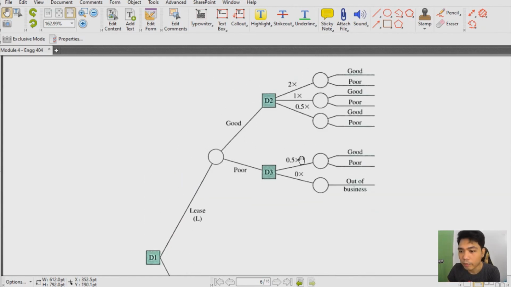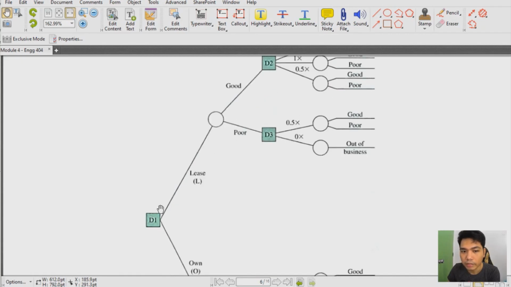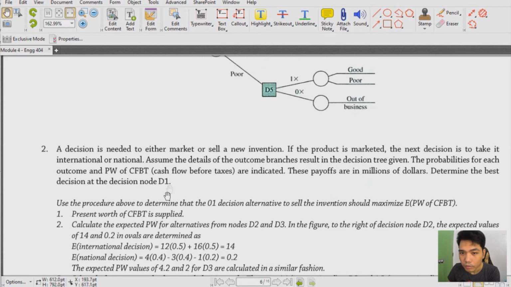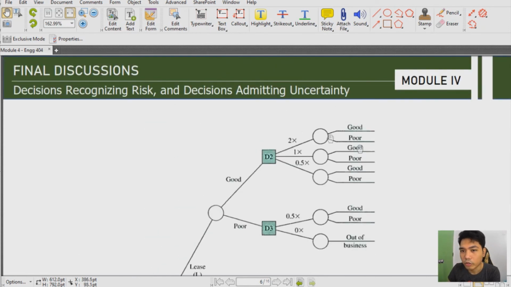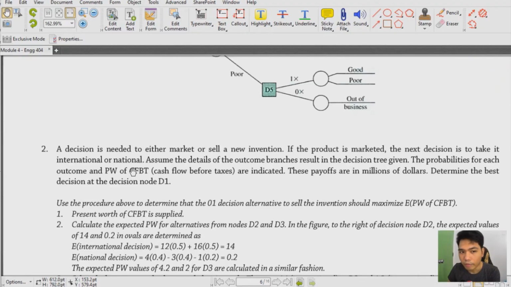But then again, usually binibigay yan and then we multiply each of them to select the best possible route. In this case, let's say good 1, D2, and then balik tayo sa D1. So pwedeng ganun yan. Pero since wala naman binigay, so we can just stop there by just the creation of the decision tree.